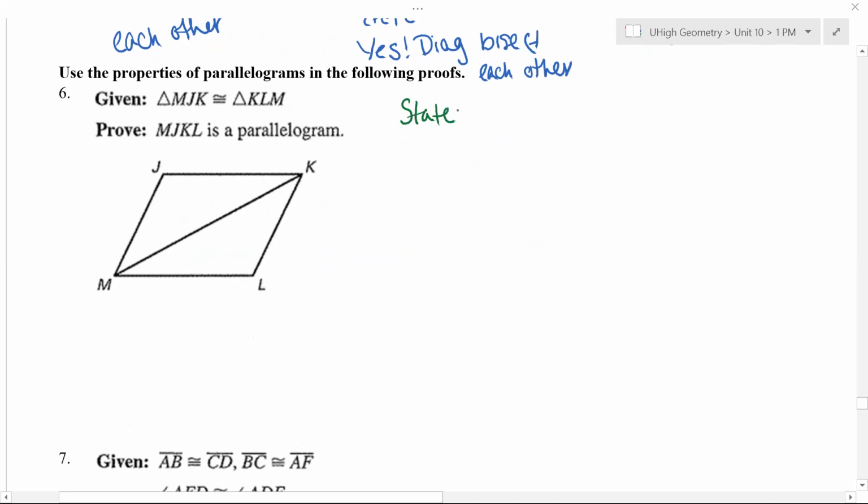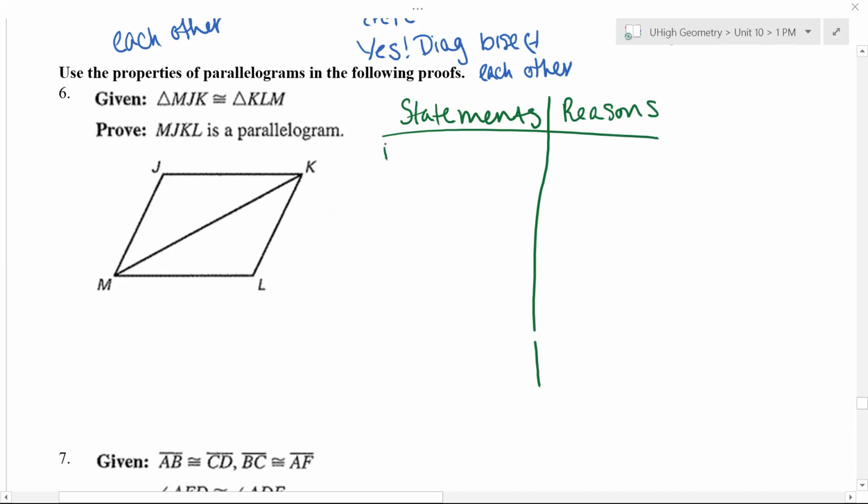I have my statements, and I have my reasons. First, I'm going to write my given: triangle MJK is congruent to triangle KLM. And my reason for this one is going to be given.